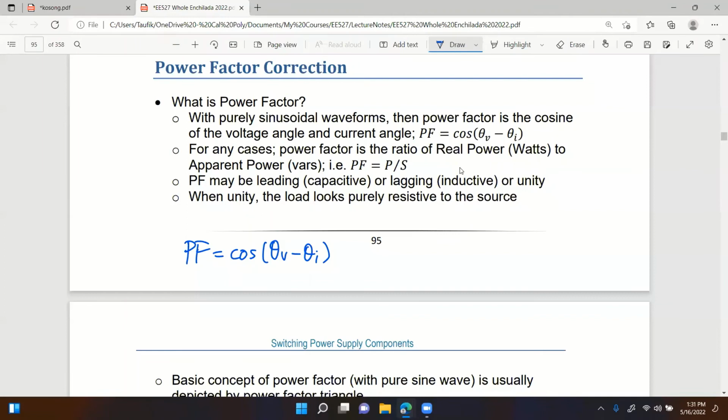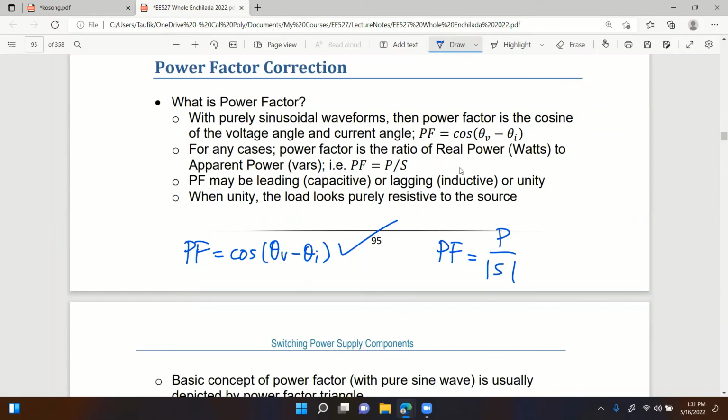The more general equation for power factor is not this. This is only unique for sine waves. The one that always works for power factor is P over S, the ratio of average power to apparent power.